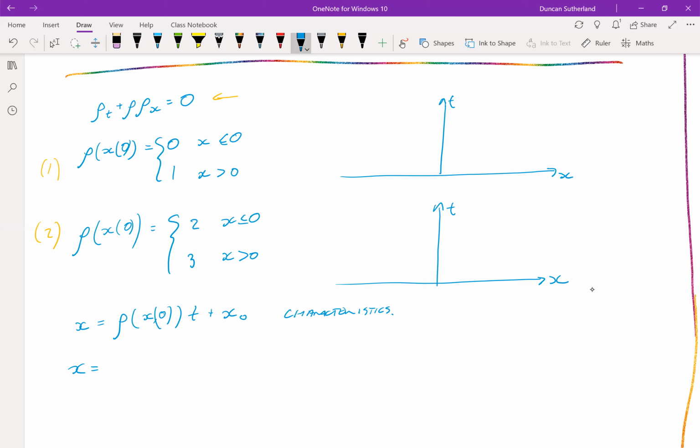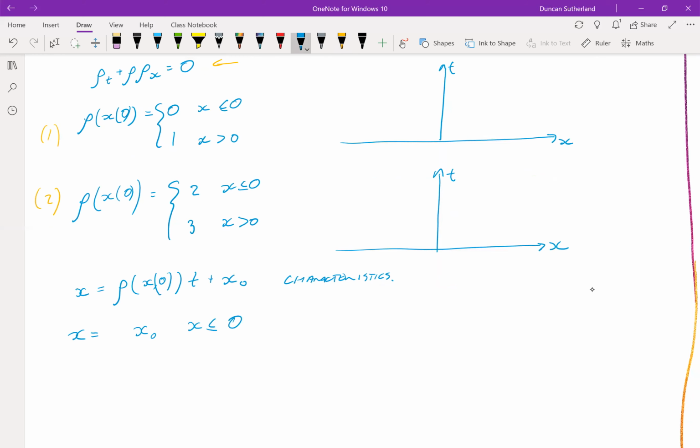Rho is 0 if x is less than or equal to 0, so we're left with x naught when x is less than or equal to 0. Here rho is 1, so that means we get 1t, so t plus x naught if x is bigger than 0.